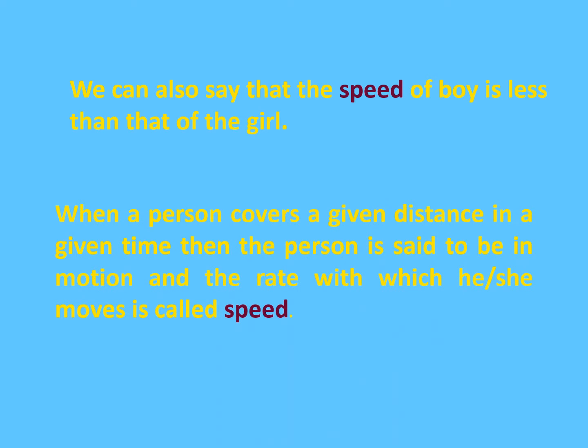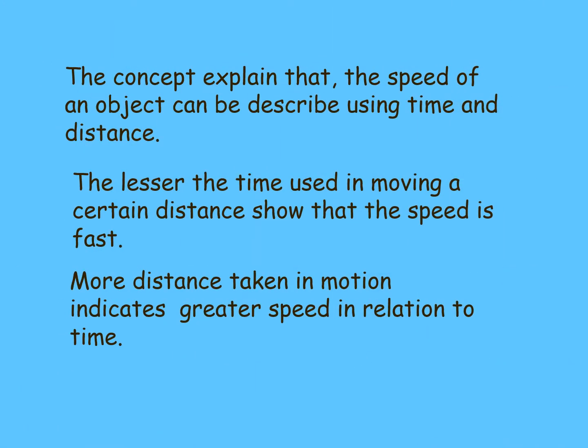When a person covers a given distance in a given time, then the person is said to be in motion, and the rate at which he or she moves is called speed. The concept explains that the speed of an object can be described using time and distance.